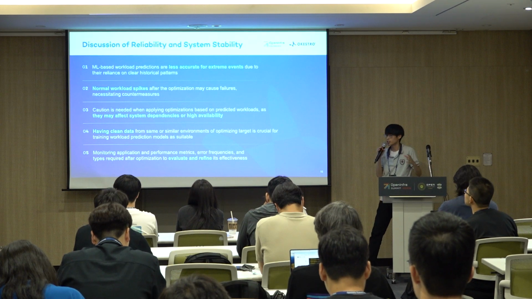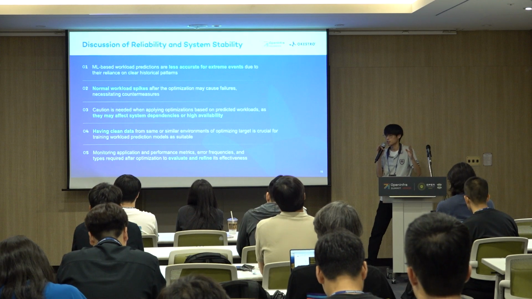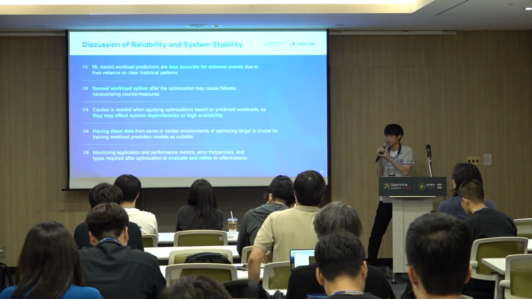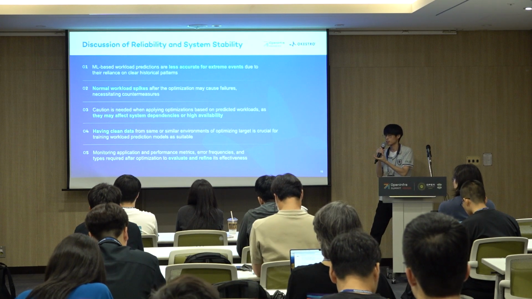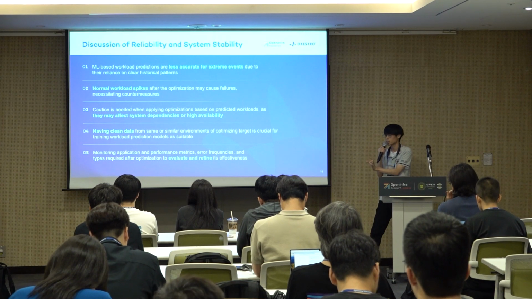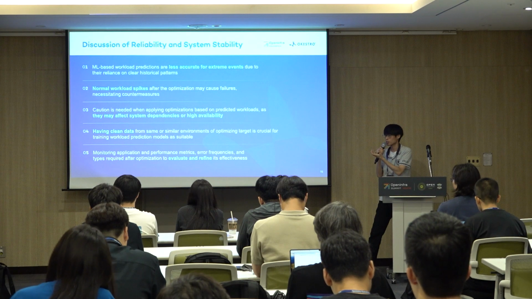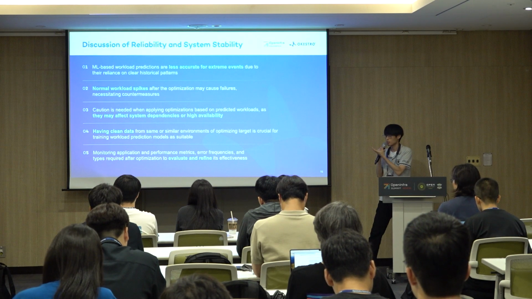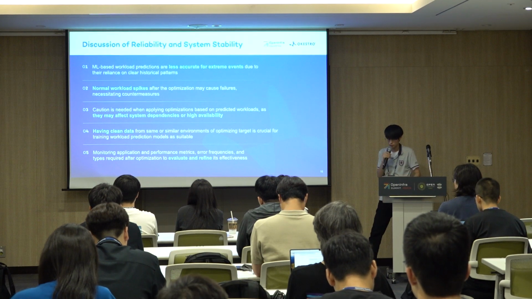It means if you change this kind of configuration after the optimization, the forecasting value cannot be guaranteed for the post-optimization environment. So you have to recheck whether the current optimized environment is trustable and the forecasting is correct or not.